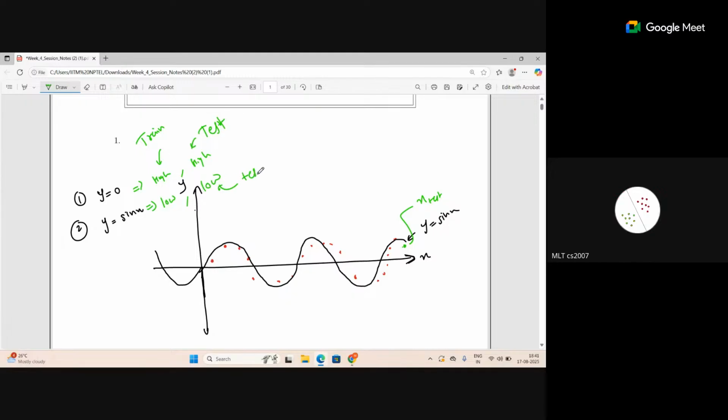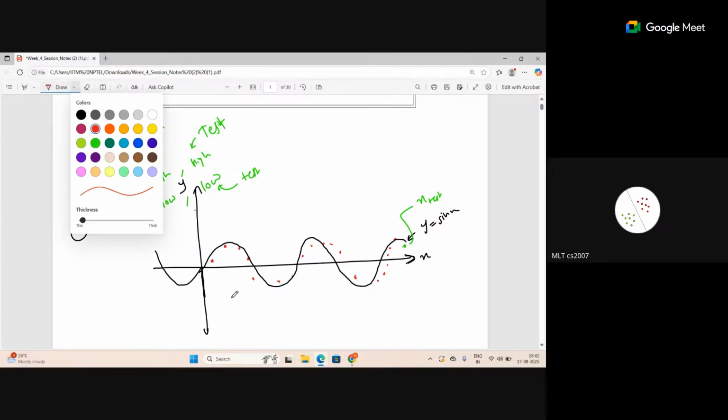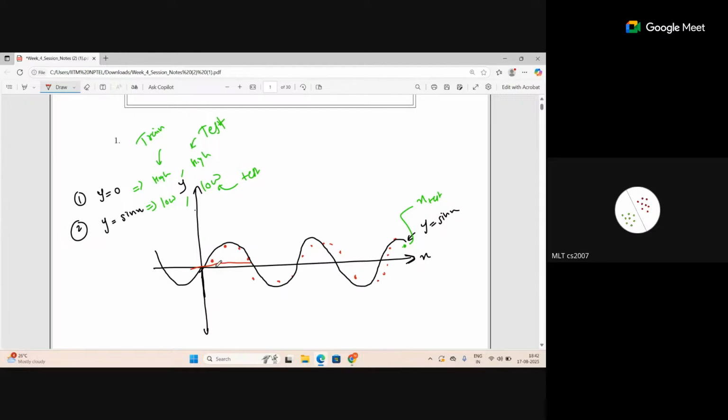So in this case, if I use the simpler model, which is y equal to 0, it will have high train error plus high test error.